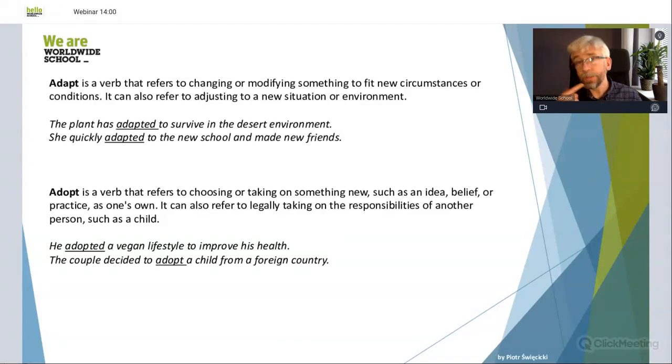You can use it in business-related contexts, like with a policy. The company adopted a new policy, right? So it implemented it, in other words. He adopted a vegan lifestyle to improve his health. The couple decided to adopt a child from a foreign country, right? So a couple of meanings here.